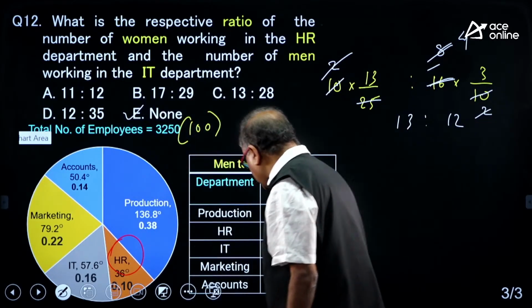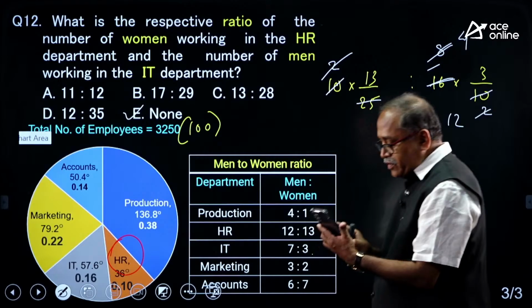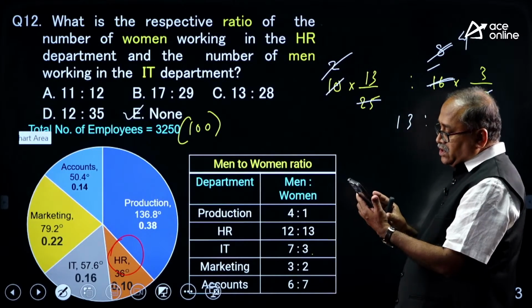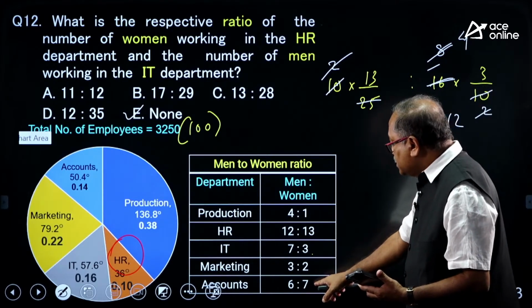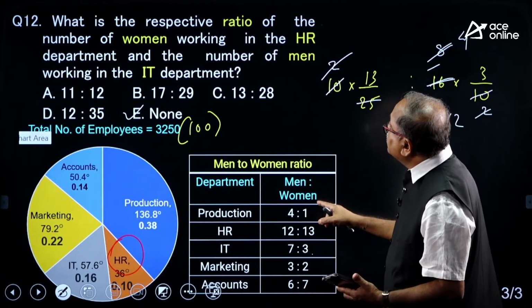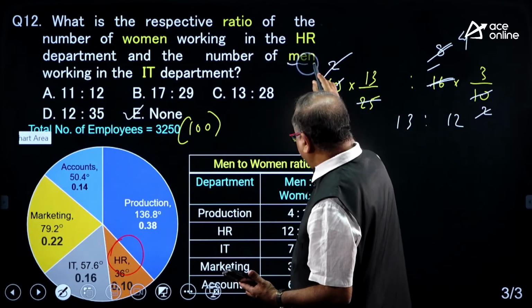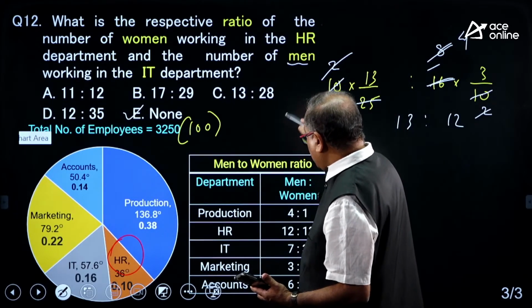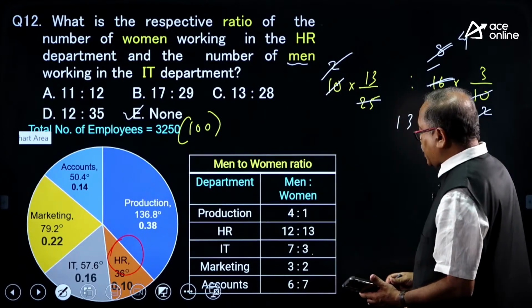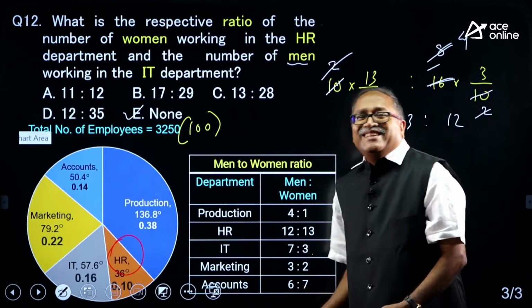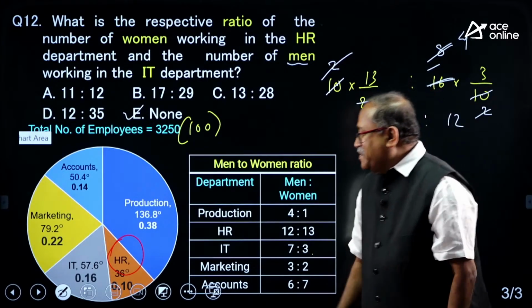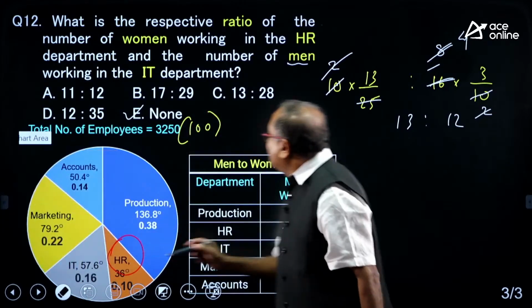Where is that 13:12? I see option choice E, 16:7, and 7 is for women. It is talking about men in IT. Okay, men in IT department. I made a mistake here. Thank you for correcting me. Look at this, sometimes how we make a mistake.